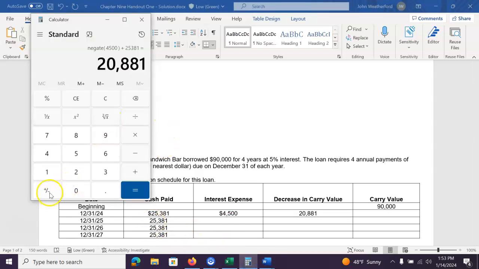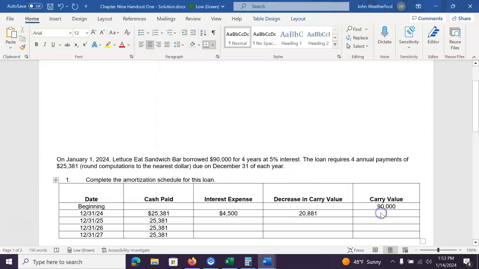Again, I'm just going to hit this plus minus button to change that to a negative amount, and then add the 90,000 to get our difference here. $69,119 will be our new carrying amount at the end of 2024.